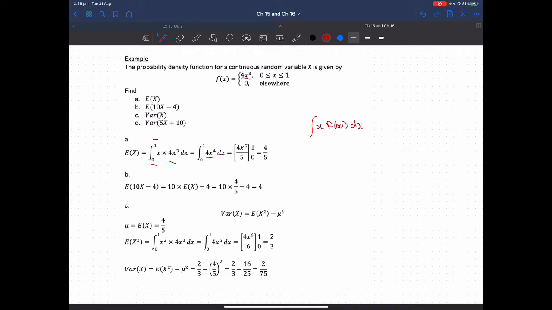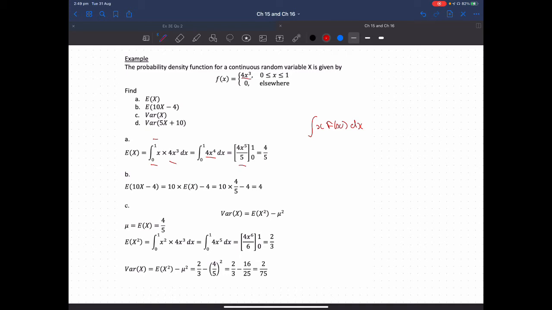So now we can anti-differentiate 4x to the power of 4. Add 1 to the index power, we get 5, and divide by that 5. So the antiderivative of 4x to the power of 4 is 4x to the power of 5 divided by 5. This integral we have to evaluate between 0 and 1.